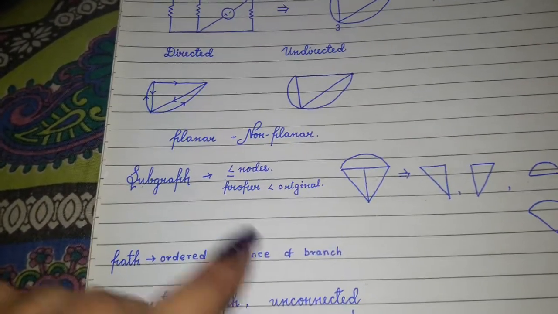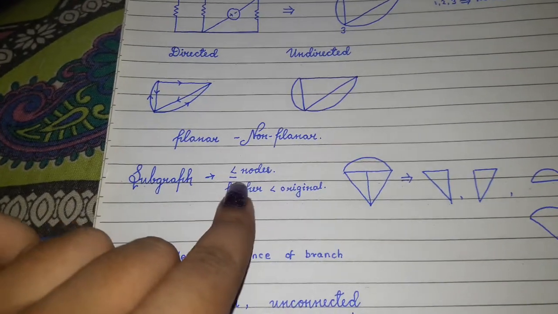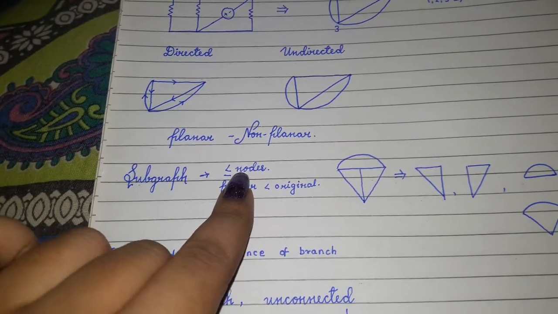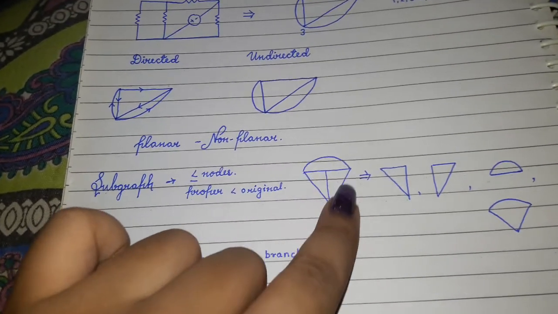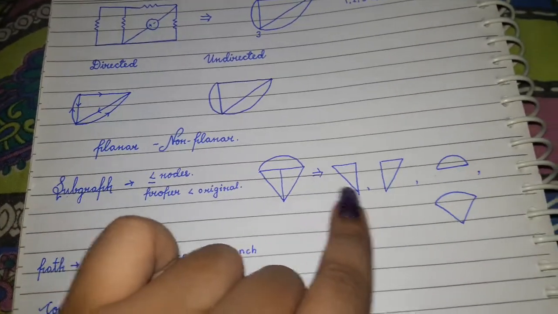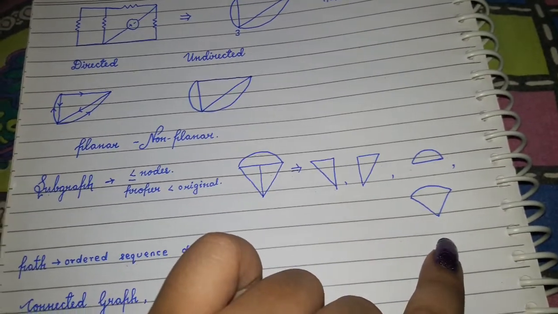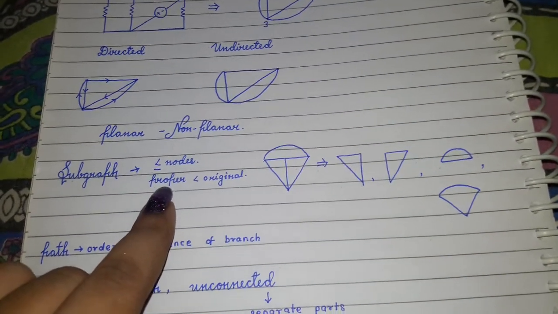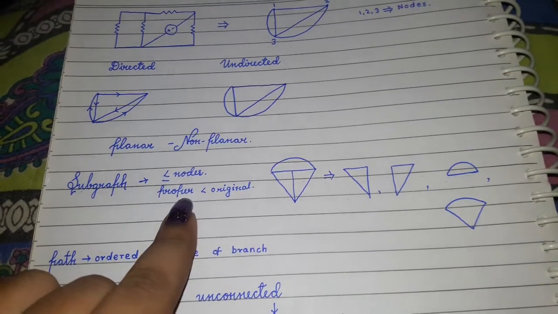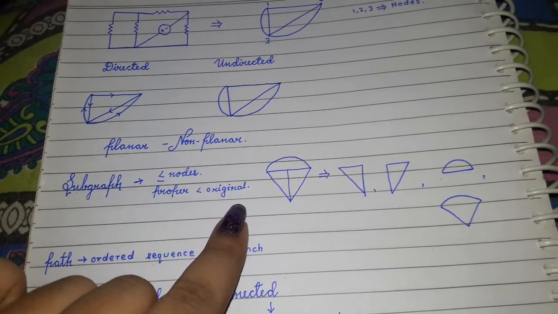Let's talk about subgraph. A subgraph may have less than or equal number of nodes than the original graph. Here you can see this is our original graph, and these could be the subgraphs. Ideally a proper subgraph is the one which has a lesser number of nodes than the original one.